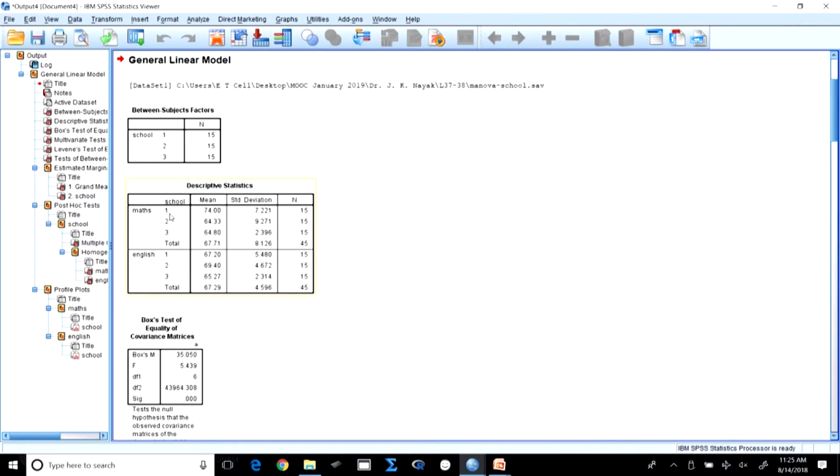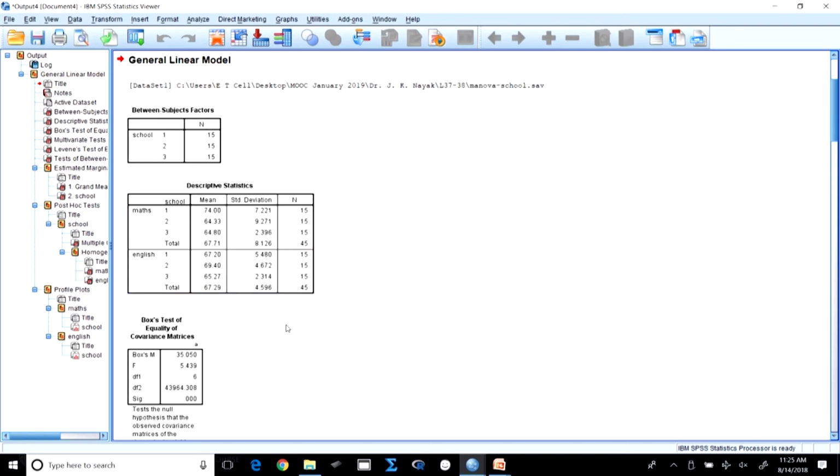When you do it, ensure that for each level you have 20 cases, so at least 60 cases. For maths you see 1, 2, 3. What is school 1? The maths average is 64, 74, 64, 64, overall average 67, English 67, 69, 65.